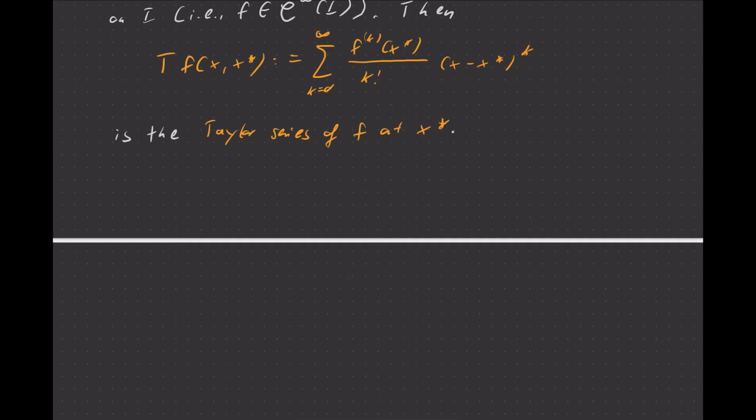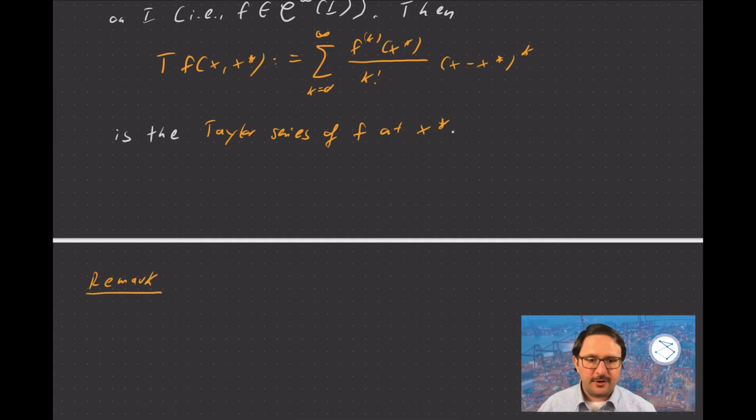Two things that we have already seen, just as a quick remark. Of course, you can write down a Taylor series for every function that is infinitely often continuously differentiable, but that does not mean that the Taylor series converges. It will converge at x star, obviously, because all summands of the Taylor series will be 0 at that point, apart maybe from the actual function value, but that's a finite number, so that's going to converge. But it might not converge anywhere else.